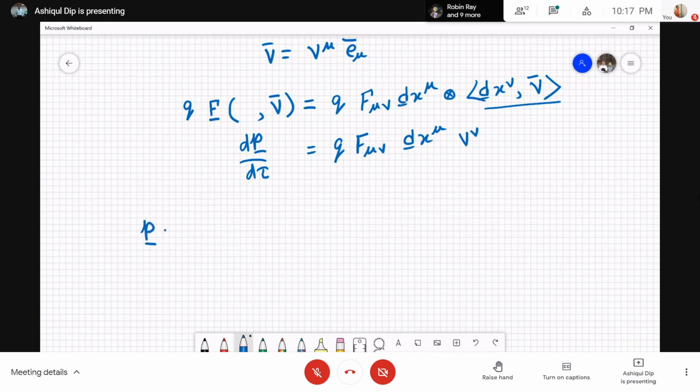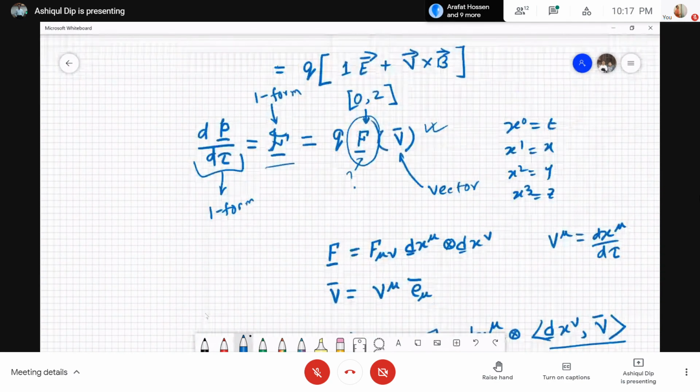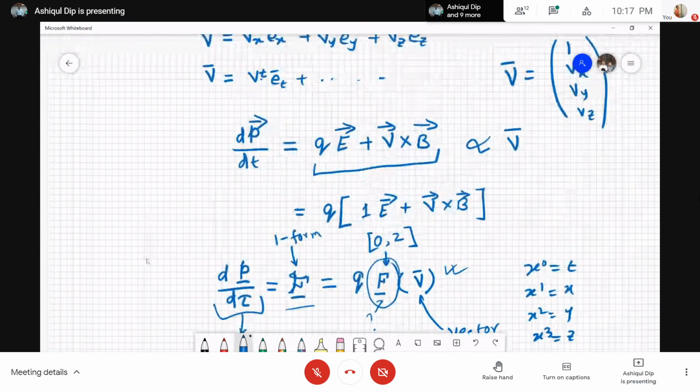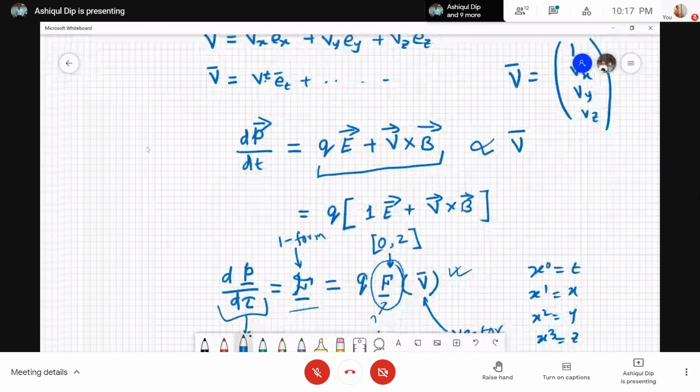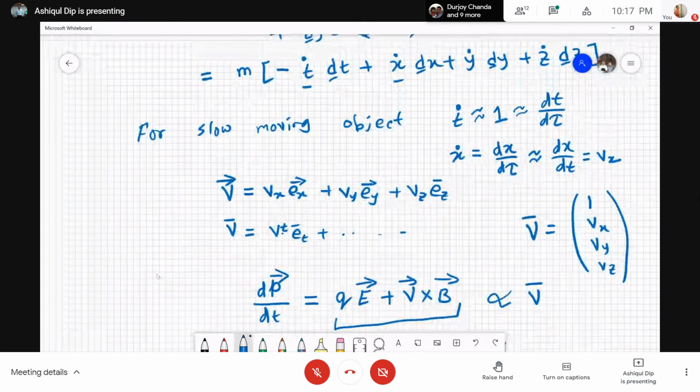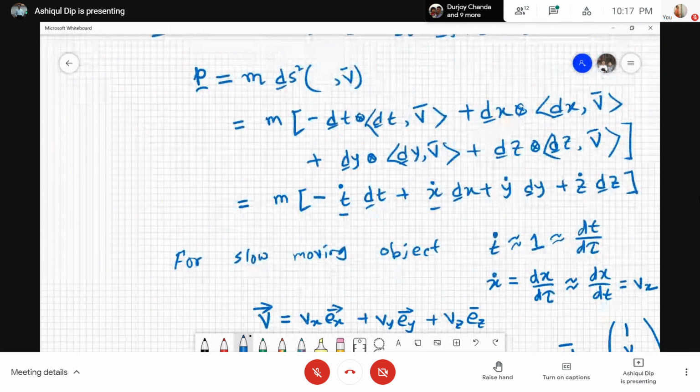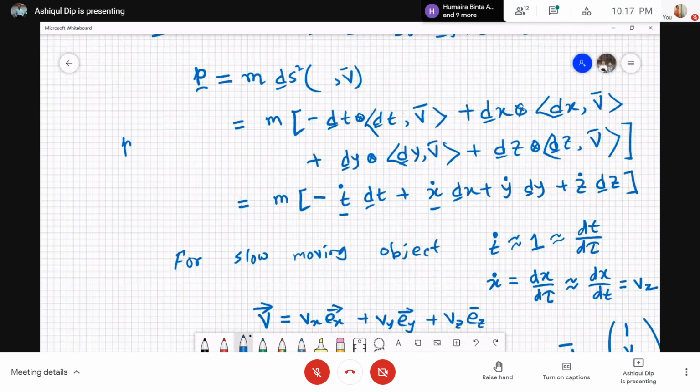What's this p? What are the components? Usually we write it like this: p_ν dx^ν, right? But what are those p_ν? Can we find it from the above? Because yes, we have written our p over here. Can you identify what's our p_t? Minus m t dot.